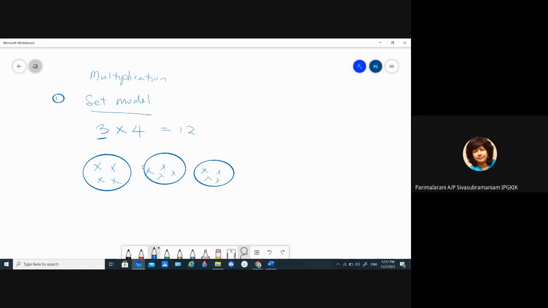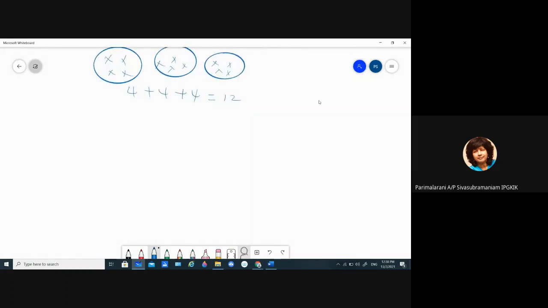This is the set model, or we can also call it the repeated addition model. We are adding 4, 3 times: 4 plus 4 plus 4, which also equals 12.